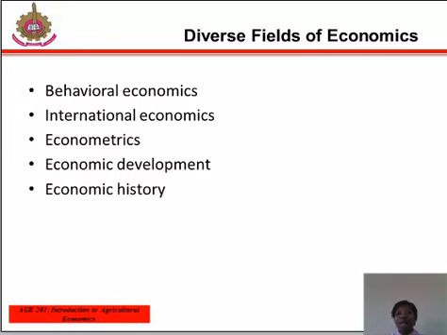The next one is econometrics, which applies statistical techniques and data to economic problems in an effort to test hypotheses and theories. The fourth one is economic development, which focuses on the problems of low-income countries and their important concern includes population growth, provision for basic needs, and strategies for international trade. The last one is economic history. This one traces the development of the modern economy.